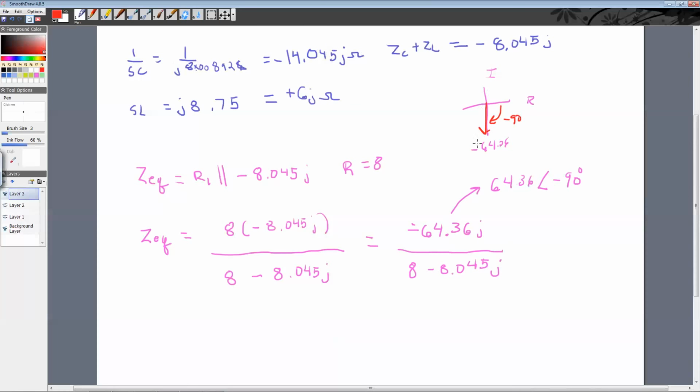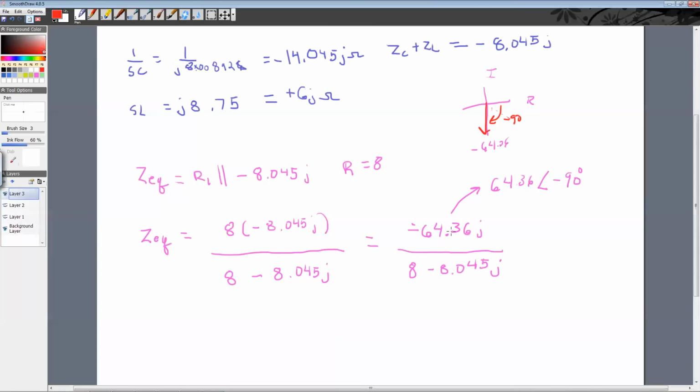Now, here, right, I'm going to go over plus 8, but then down minus 8.045. So it's very close to minus 45, right?